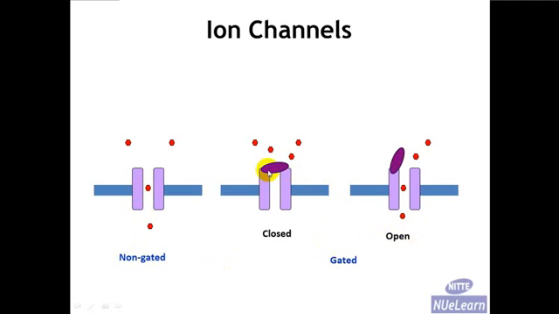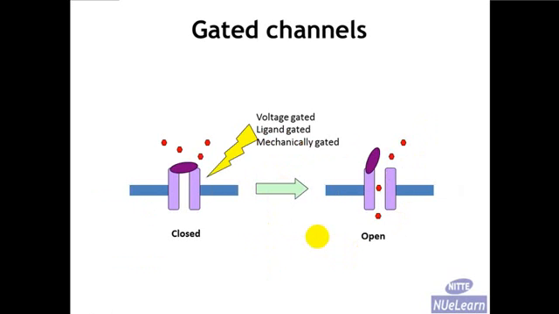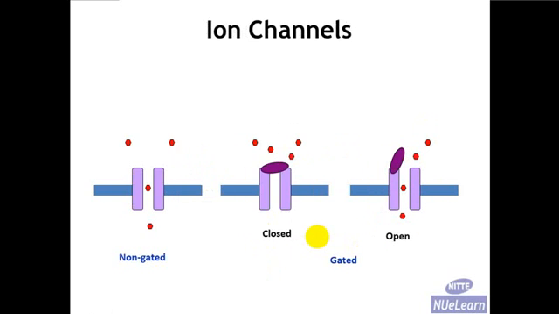The gated channels have a mechanism which can prevent the movement of ions through them, and then they are said to be in a closed state. In the open state, putative gate-like structures which block the movement of ions can open up and allow the movement of ions. So gated ion channels particularly are important to understand many of the electrical properties of cell membranes.